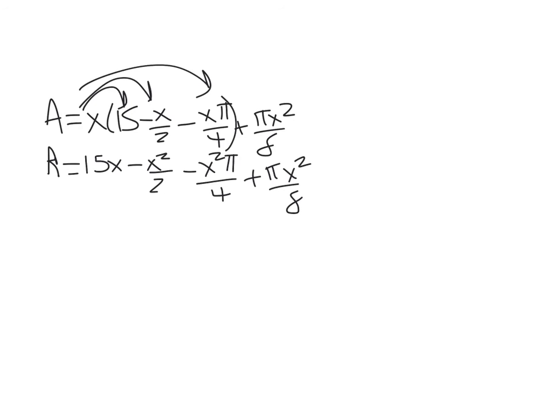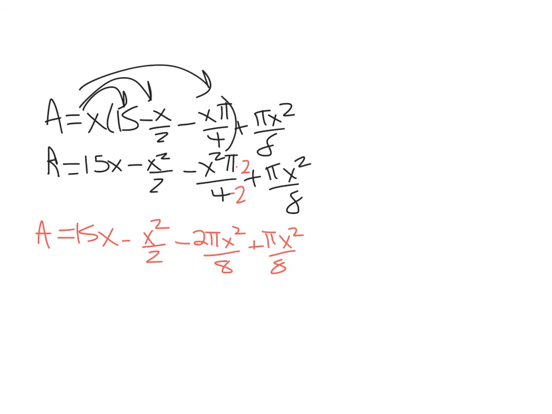Remember, in order to do that, I need a common denominator, so I'm going to multiply both the numerator and denominator by 2. So I end up getting this right here. You can treat pi as if you had another variable in there. That's what I usually think about when I'm adding together fractions that have a pi and some variables in them.